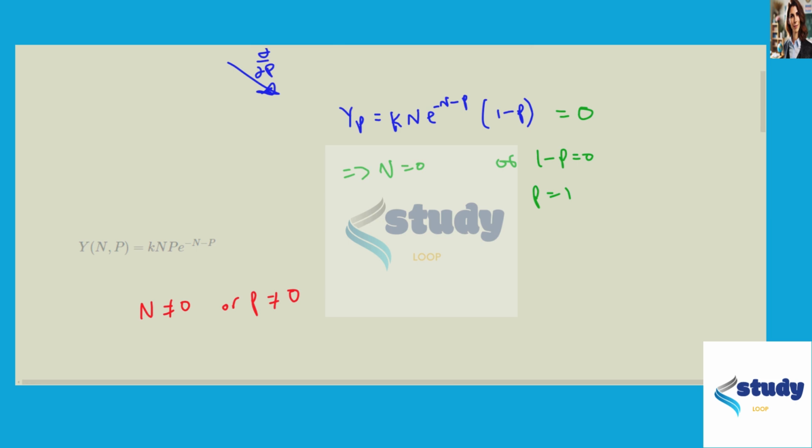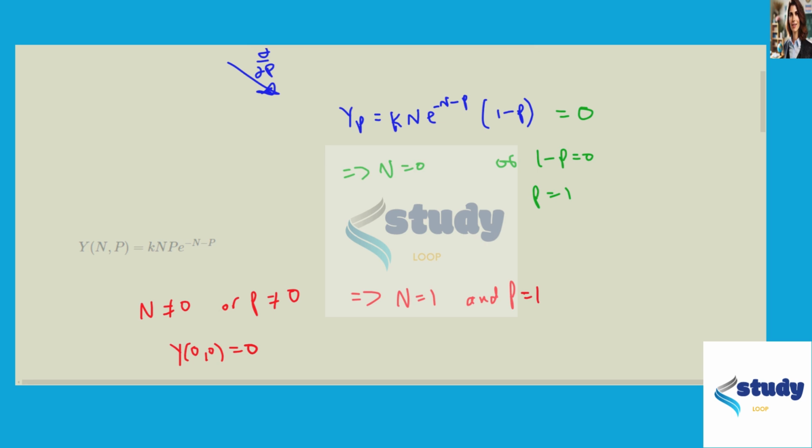So that is going to imply that n has to be 1 and p has to be equal to 1. Because again, if we use n equal to 0, p equal to 0, we have 0 times something, so 0, 0 gives 0, and that's not going to be a maximum value.